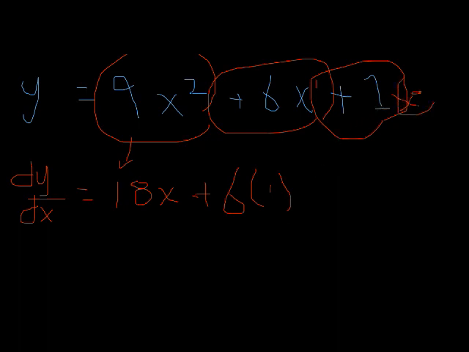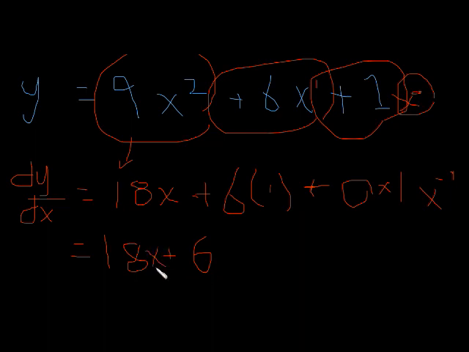And here we have 0, so the power is 0, and therefore 0 will multiply by the coefficient, and the power will reduce by 1. Now this is the equation: 18x plus 6 times 1 is 6, plus 0 times anything is 0, so there's no need to add that. So it is 18x plus 6.